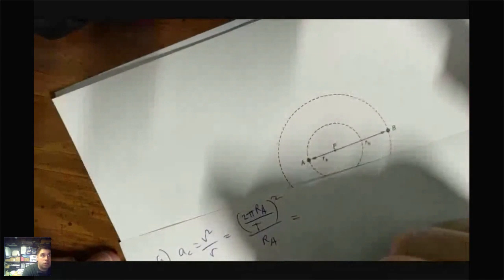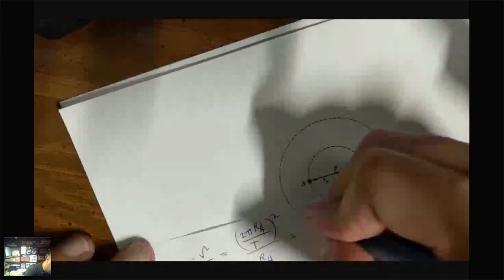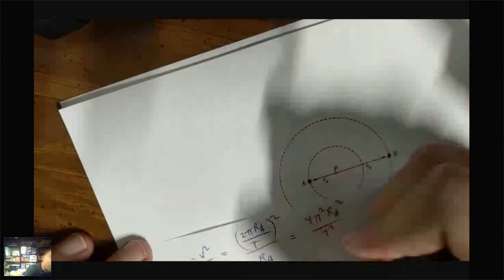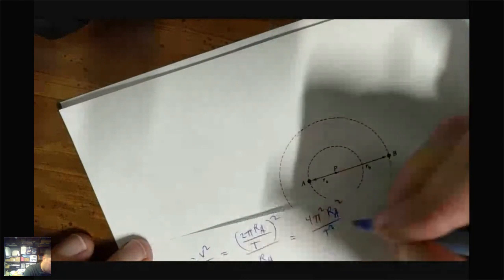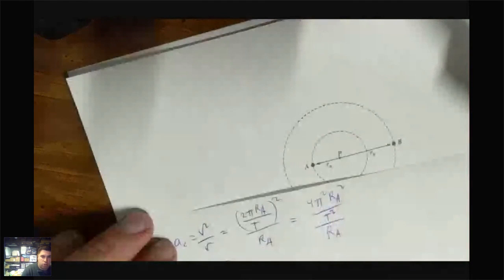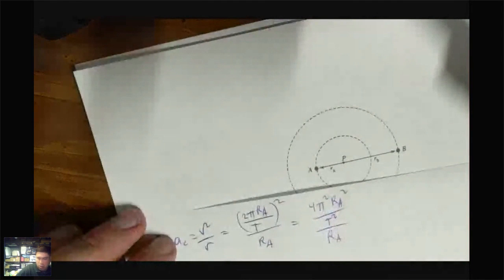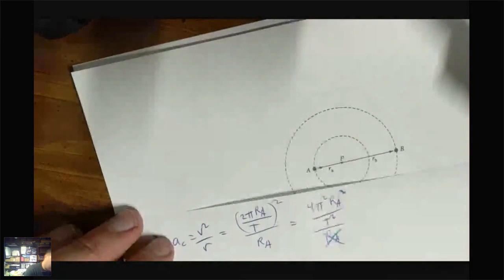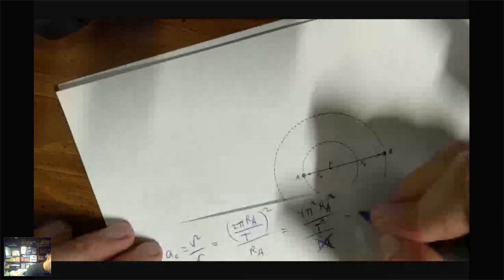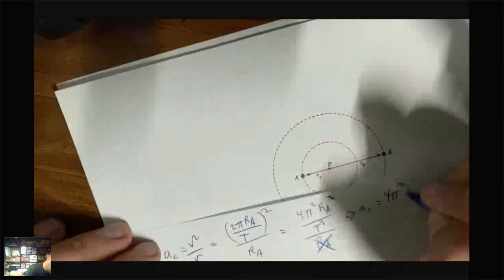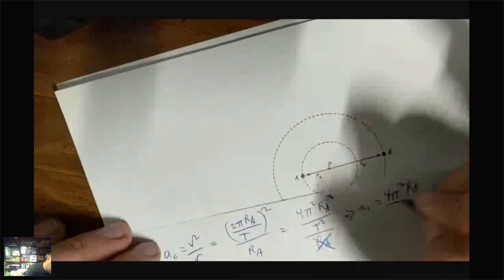We can then crunch through some numbers. 4 pi squared RA squared over T squared, over RA, and then fraction over fraction, copy, change, flip, or however you have learned it. Basically, it boils down to this one cancels out one of the squares. And we're left with that our acceleration is 4 pi squared RA over T squared.